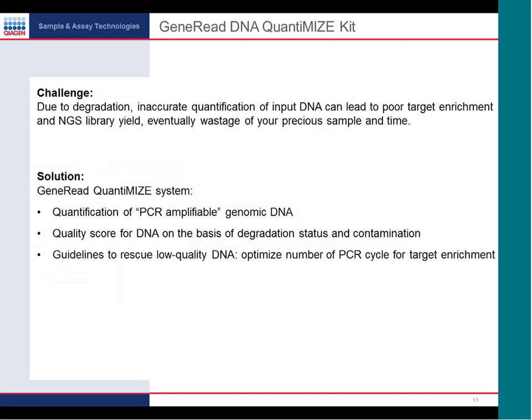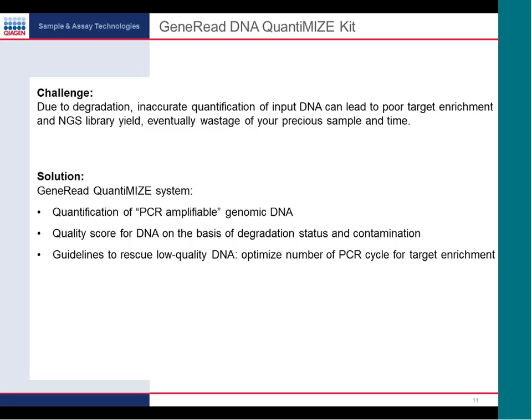And when you are dealing with FFPE samples or circulating free DNA, due to the degradation, it's very important to ensure that we are doing an accurate quantification of the DNA which is accessible for target enrichment, as inaccurate quantification of input DNA can lead to poor target enrichment, poor library yield, and eventually you'll waste your whole sample as well as time and money because you're not going to get any reproducible result out of that next-gen sequencing.